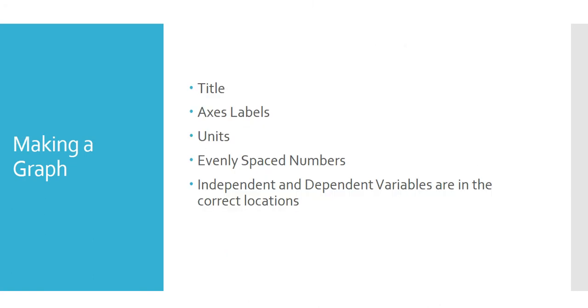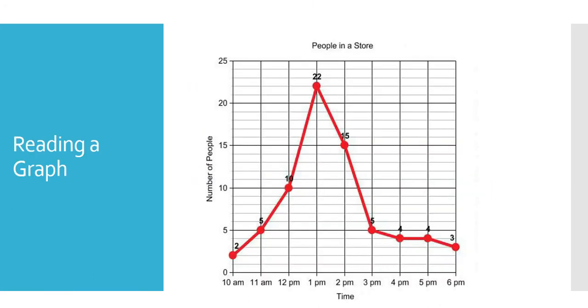Our scale appears to be 1 person for every line. So 1 more than 15 is 16. So at 12:30, it's likely there would have been about 16 people in the store. Again, we don't know that for sure, but this is something we can suggest is likely.